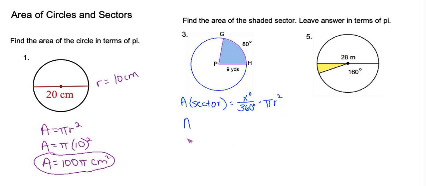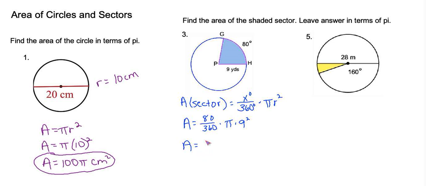So just like we did on arc length, we're doing the x over 360, which in this case is 80 over 360. Now we have to know the radius. The radius is 9, so it's pi times 9 squared, pi r squared. So I'm going to reduce this fraction. I just like to reduce that.